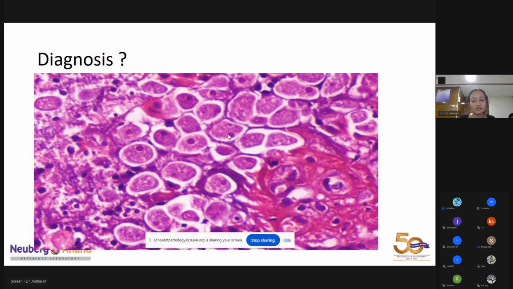We're getting some responses in the chat box. What is this cell? What are these cells?